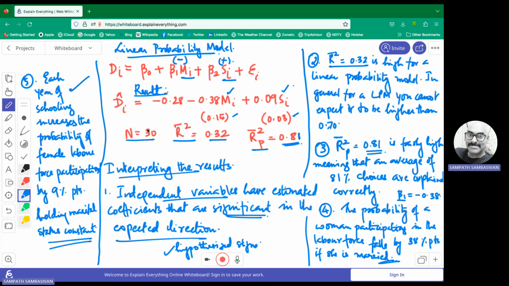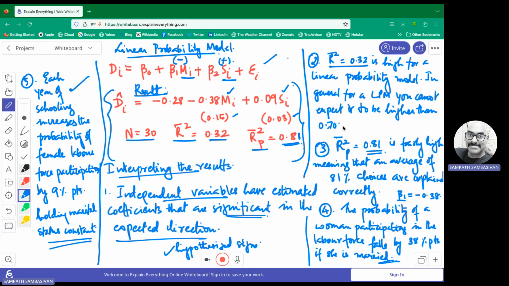For your examination, this kind of results would be given to you. The equation and the results would be given to you, and these can appear as questions. What are the hypothesized signs of the variables? What is the meaning of the R squared value or the adjusted R squared value?